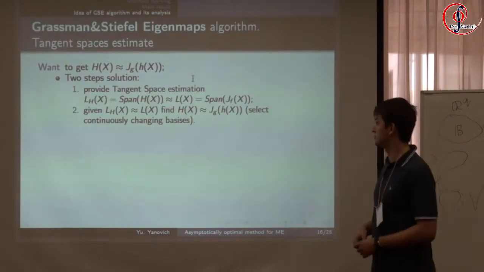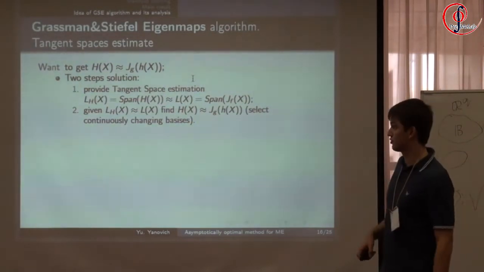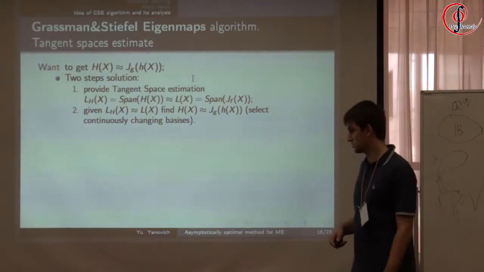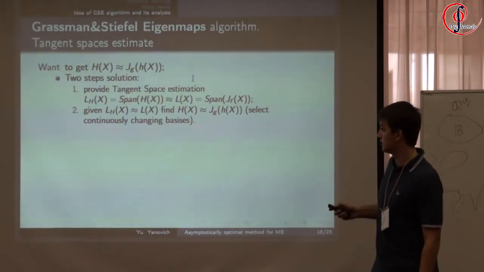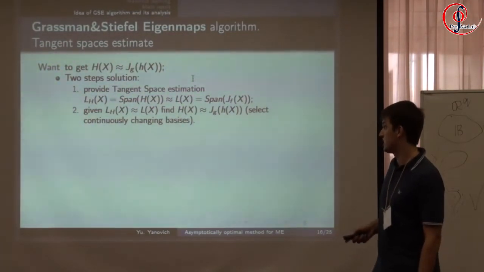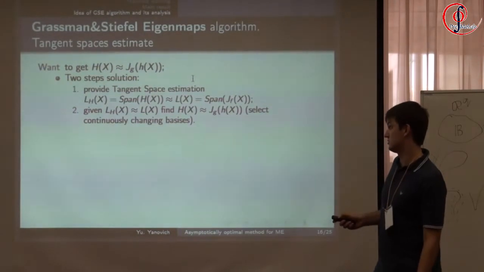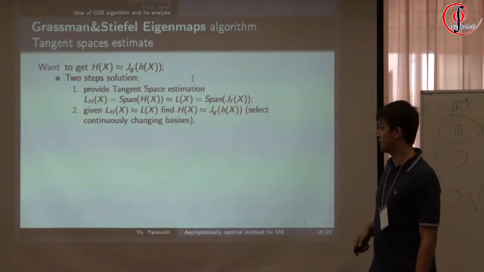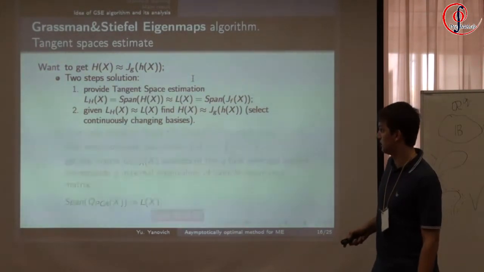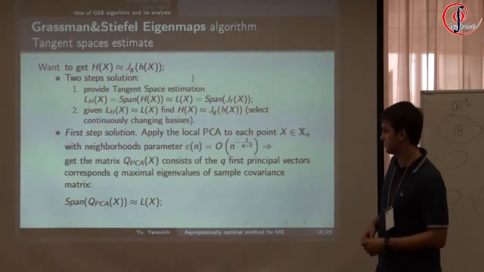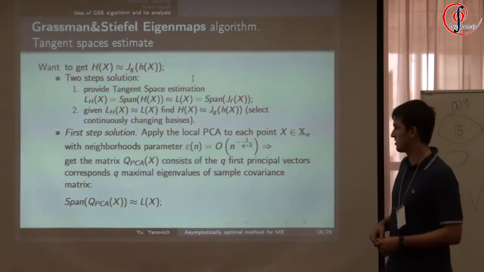The main problem is to estimate Jacobian matrices, and we want to solve this problem in two steps. Firstly, we will estimate just tangent spaces for points, and then find in these tangent spaces some smooth bases. And the first step solution is rather simple.